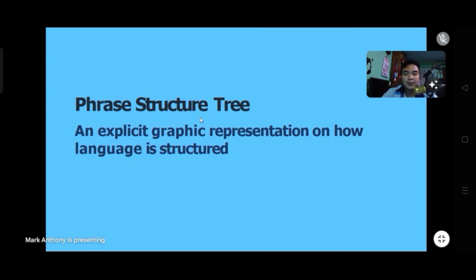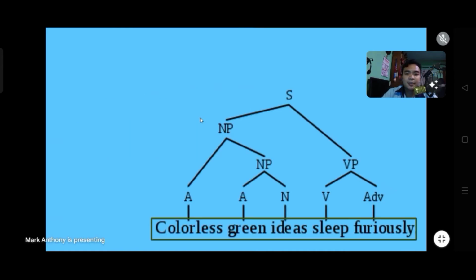So I'll be giving you an example so that you will be able to see what the phrase structure tree looks like. So this is an example of a phrase structure tree. Oh, I see, sir. So what is its purpose, sir?